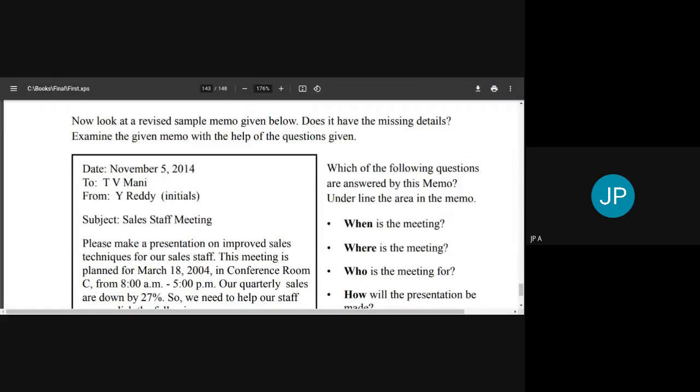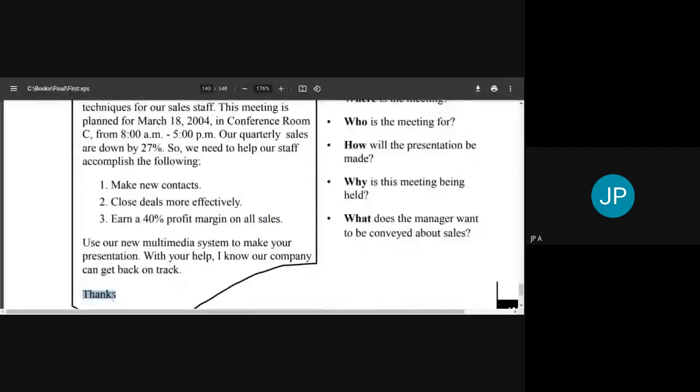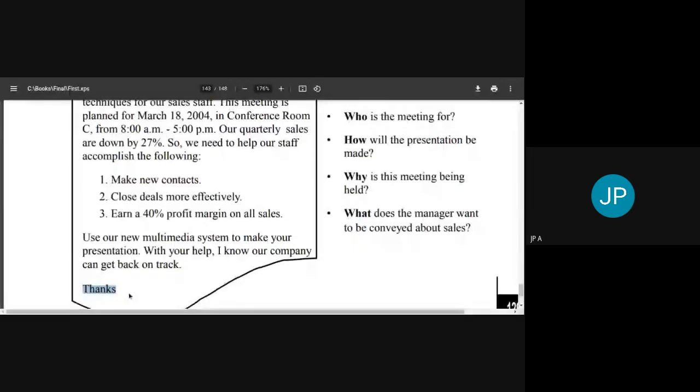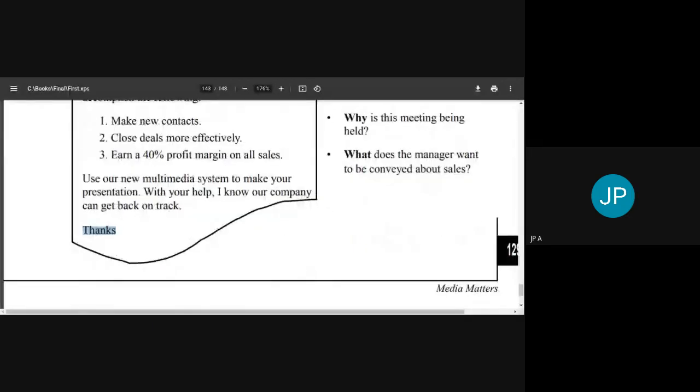First is date, second is to, third is from, fourth is subject, fifth is the main body of the memo, which includes the introduction, body and conclusion, and the sixth is thanks. Don't forget this, it is important. The memo is complete only if this is there too. So these are the 6 aspects of the memo.